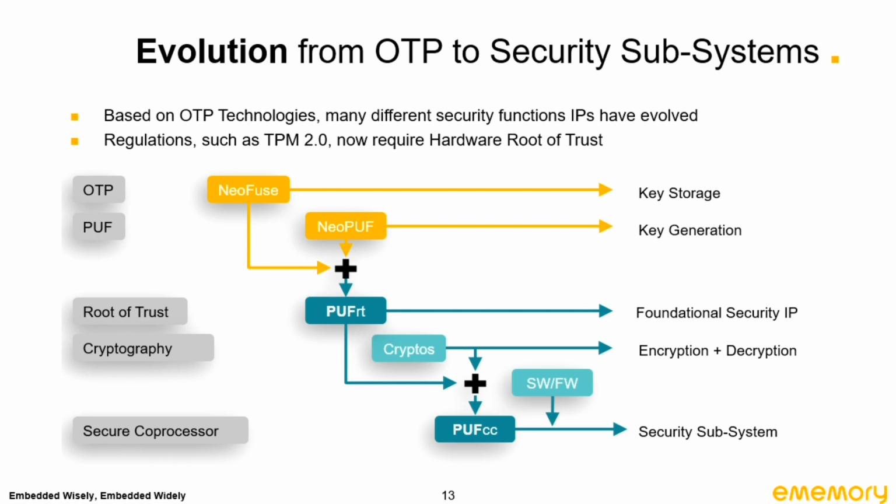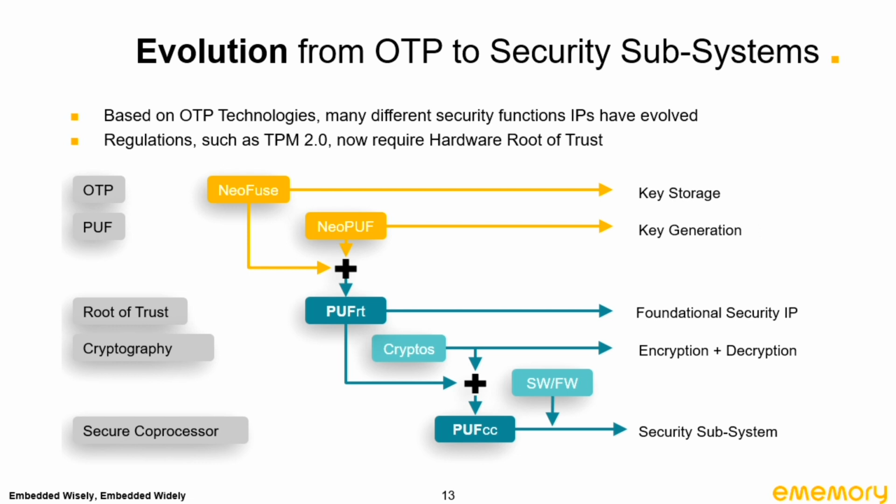Within a security system, the most important component is the root of trust, which includes key storage and the key generation functions. So by integrating OTP with PUF, we can create new IP solutions that include hard IP, such as our PUF-RT, and that is our root of trust IP.